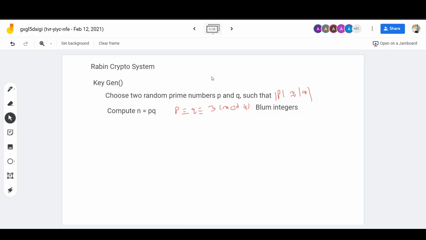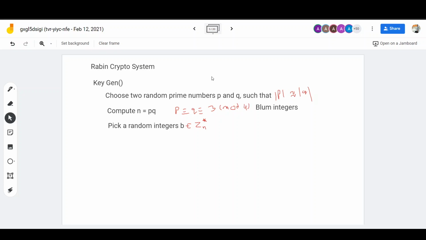Then in the third step, pick a random integer b which belongs to Z n star. This symbol indicates that these elements come under a cyclic group.